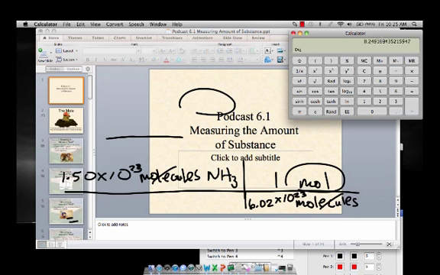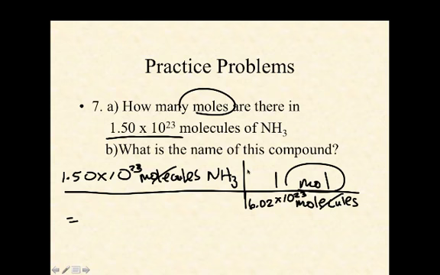Okay, 0.249, and that's all the sig figs I get to keep, only 3. 0.249 moles of NH3. So now we have to know the name of this compound.